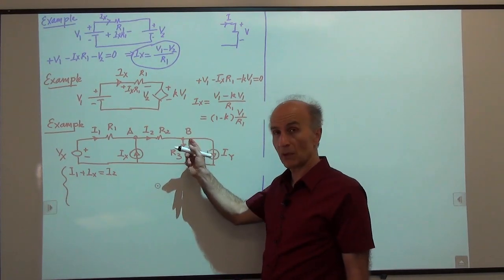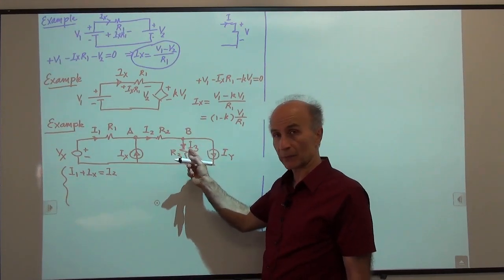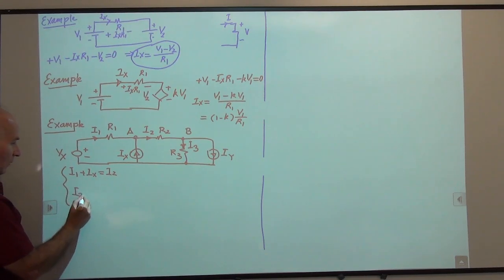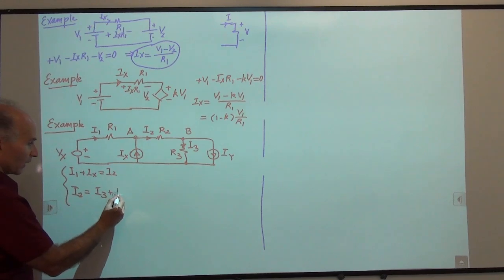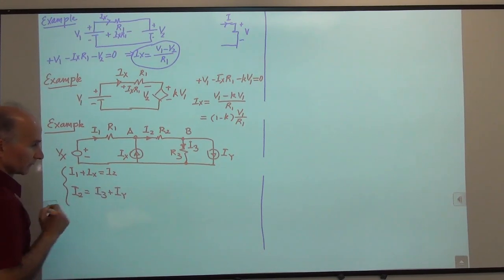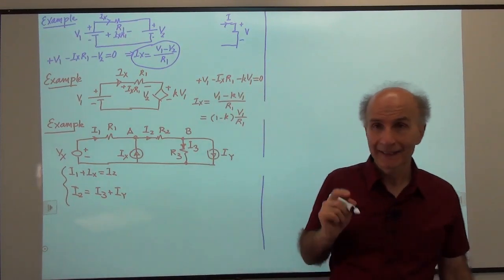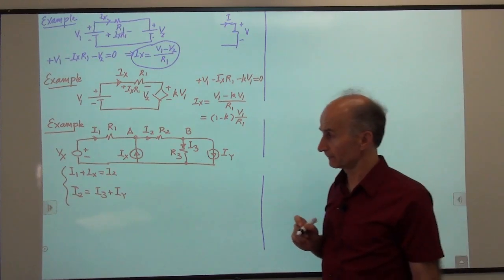So a KCL at this node will look like this. I2 is coming in. These two are going out. So I2 is equal to I3 plus IY. Okay? All right, so these are two KCLs that I managed to write for the circuit.